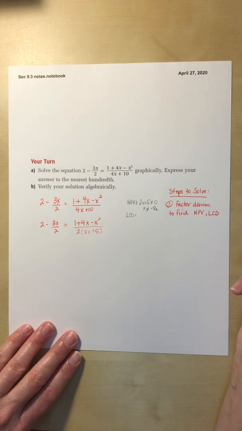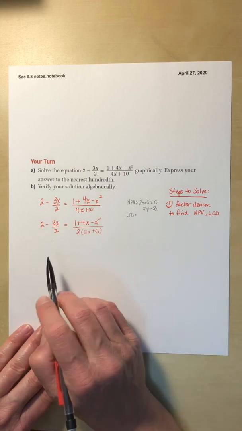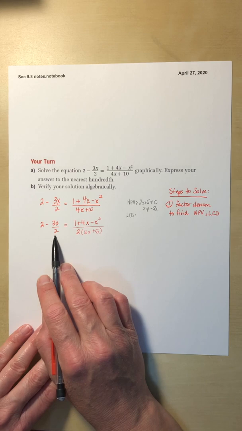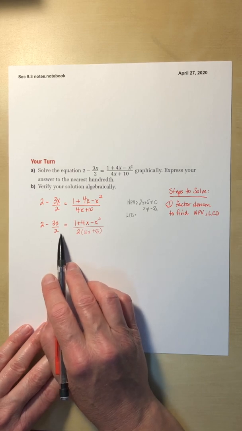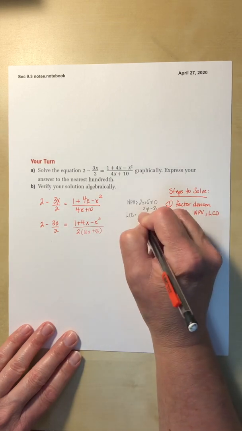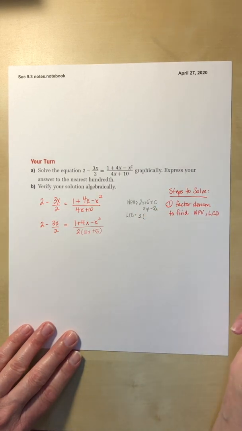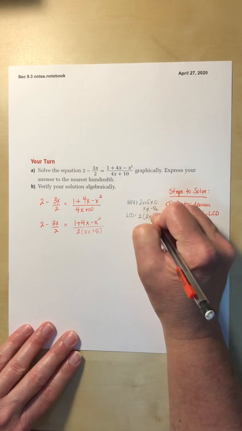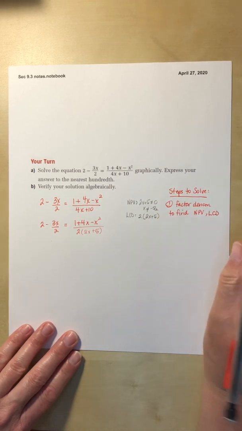But when we talk about our lowest common denominator, we need to take into account all of our denominators. The fact that we have a factor of 2 in both of these denominators means that we have 2 as part of our lowest common denominator, as well as that 2x plus 5.